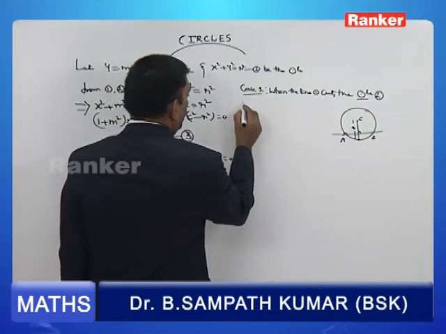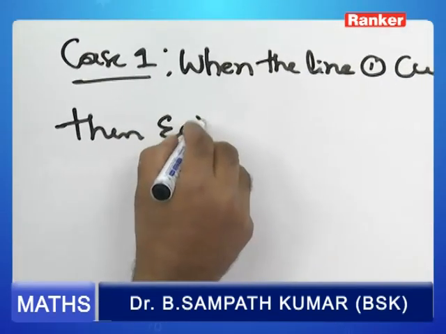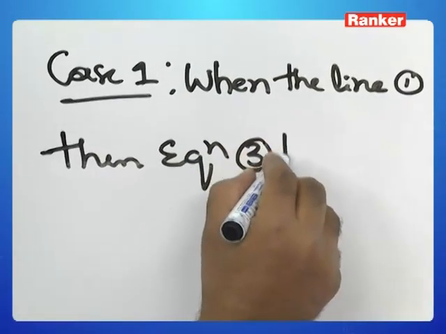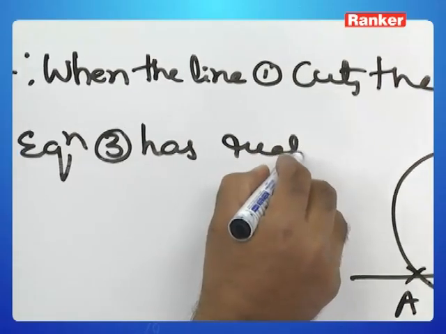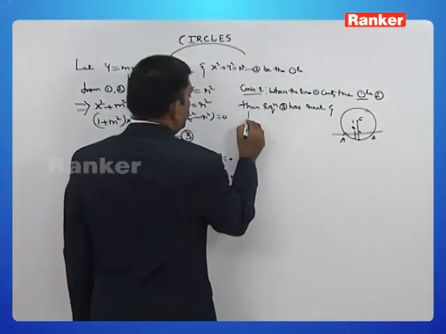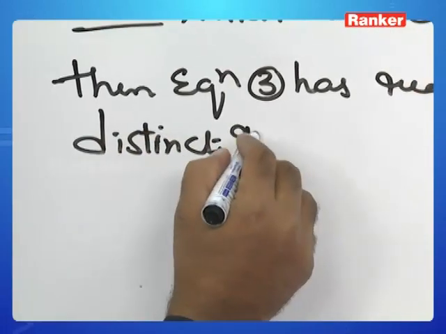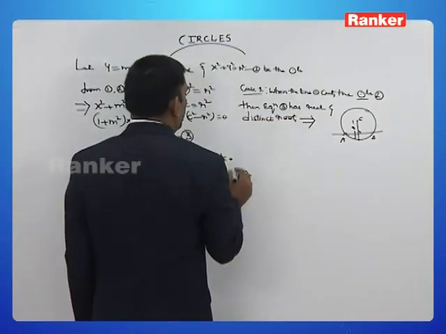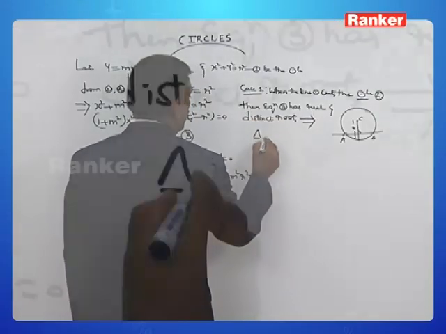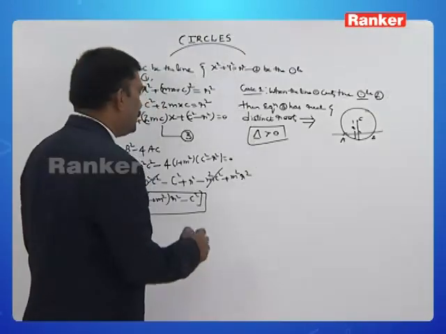So when the line cuts the circle in 2 points, equation 3 has real and distinct roots, which implies delta greater than 0.